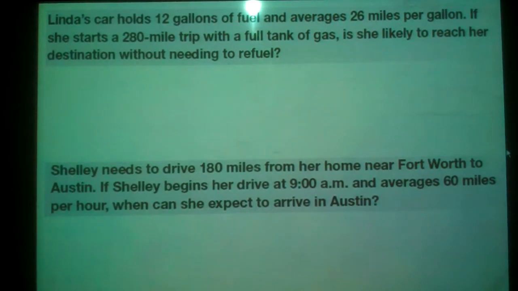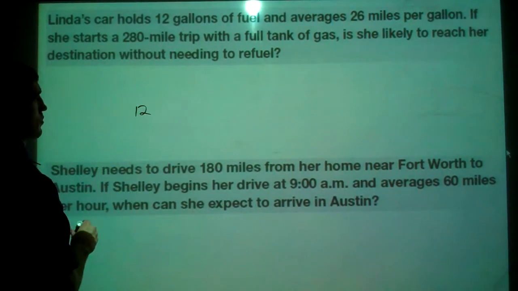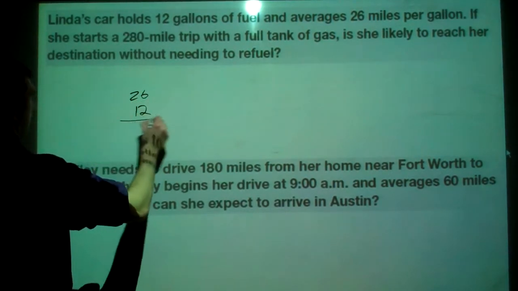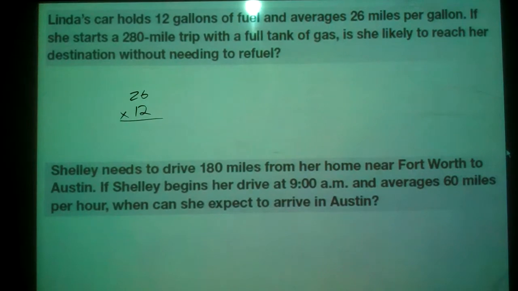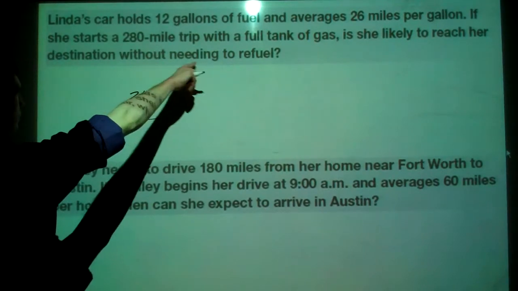Alright, so it holds 12 gallons of fuel and gets 26 miles per gallon. Alright, so we've got to figure out 12 gallons, and it gets 26 miles per gallon. We're going to multiply those because we need to figure out if we can get 280 miles with a full tank of gas.